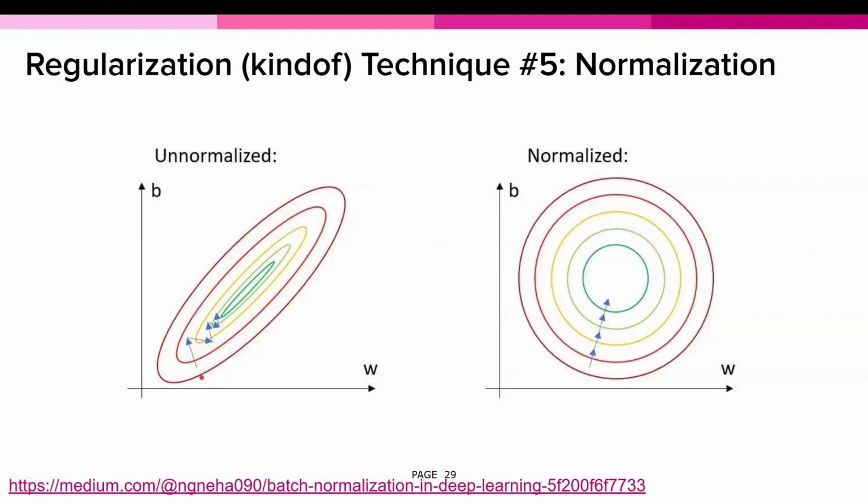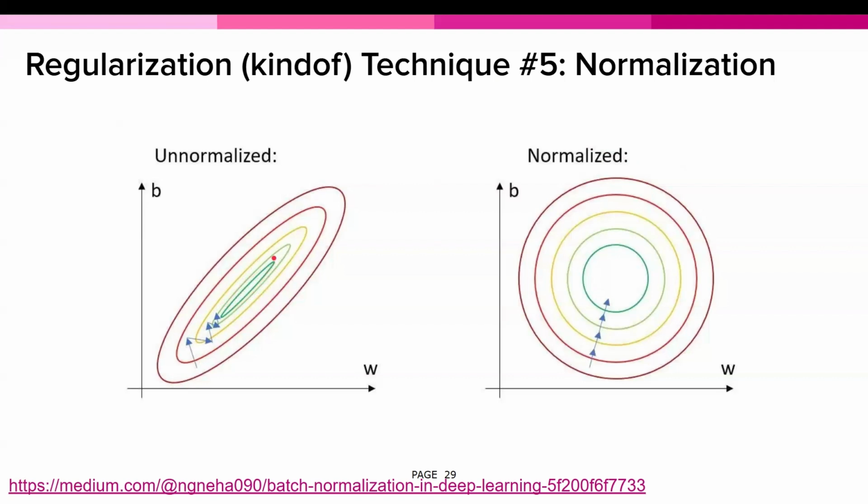So we're moving quickly in this direction, and not so much in this direction. And it's going to cause the optimization path to zigzag, which is going to slow down the journey towards the ultimate minimum in the green here.